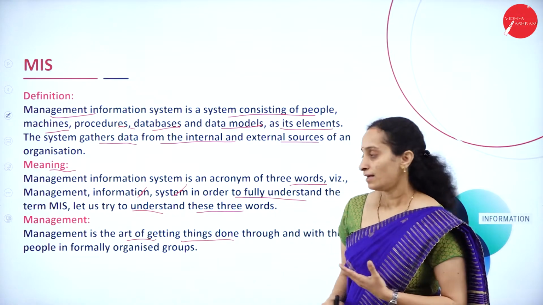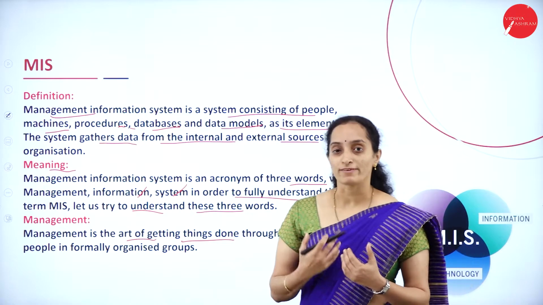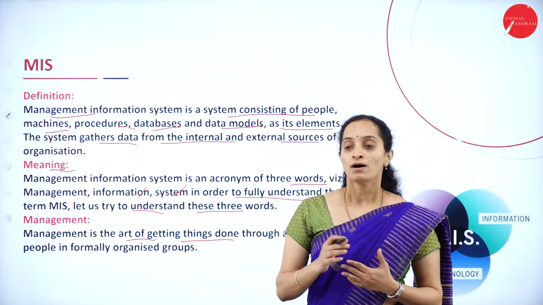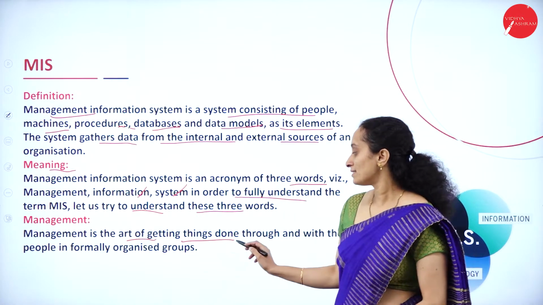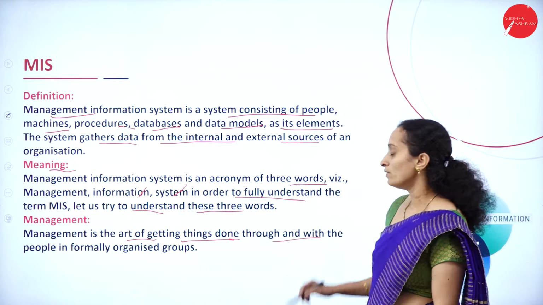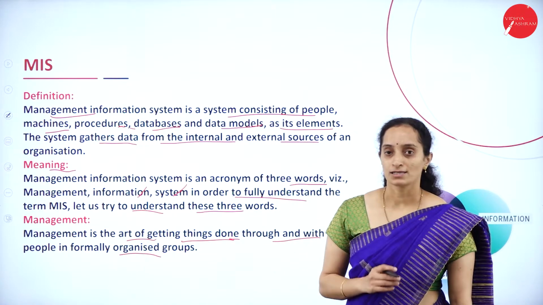It must be the person who is a manager. A manager is not going to do everything by himself. A manager must have the capability to make others work, isn't it? So management is the art of getting things done through and with the people in an organized group.